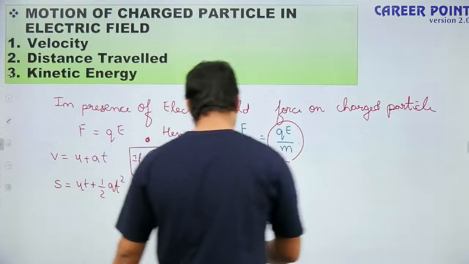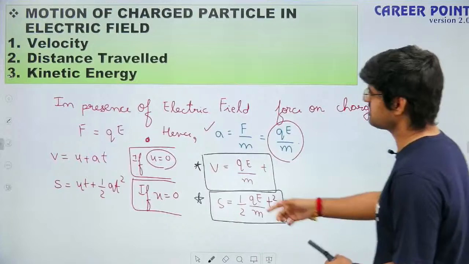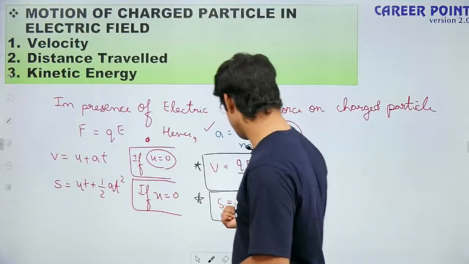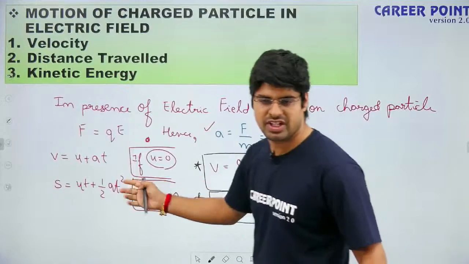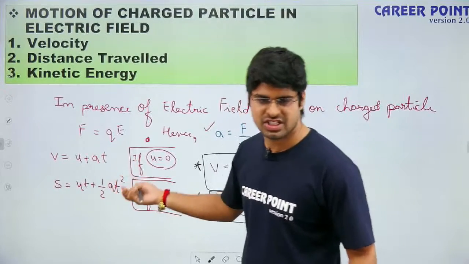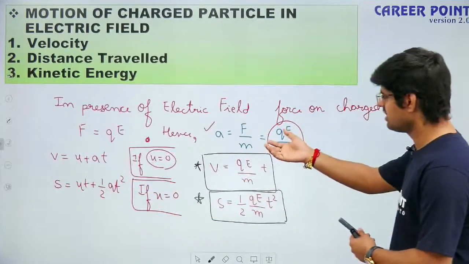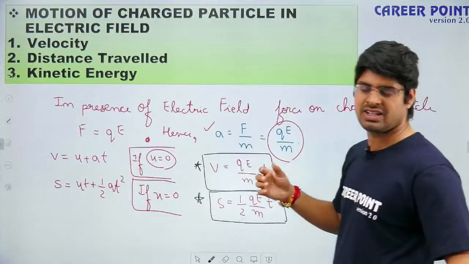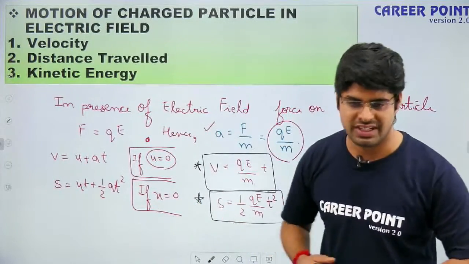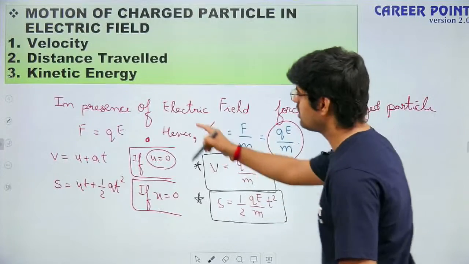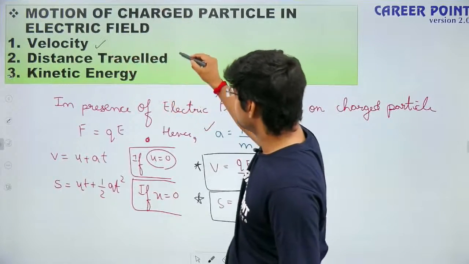So distance travelled will be given by half QE by m into t square. We have just put the value of acceleration here. The acceleration we get in presence of electric field is QE upon m, because we get electrostatic force in the presence of electric field on the charge. So now we have written velocity and distance travelled.